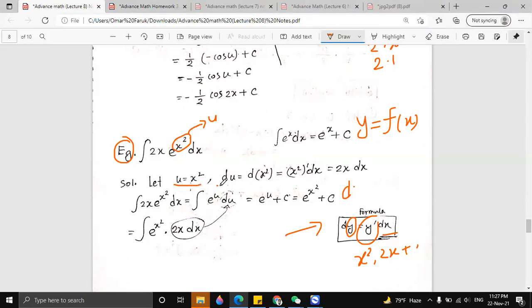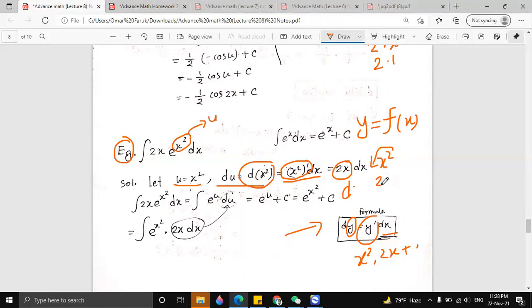Then we differentiate on both sides. From our little formula, we can write it as the derivative of x squared dx, right? The derivative of x squared will be 2x, because we take the constant down and decrease the power by 1.